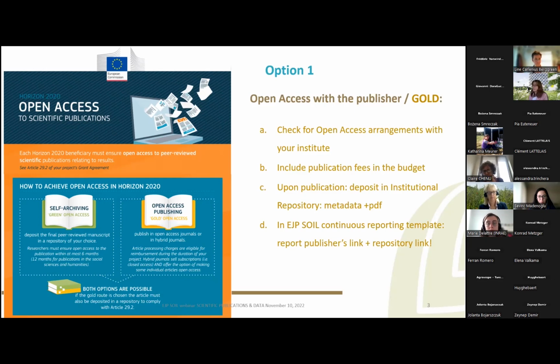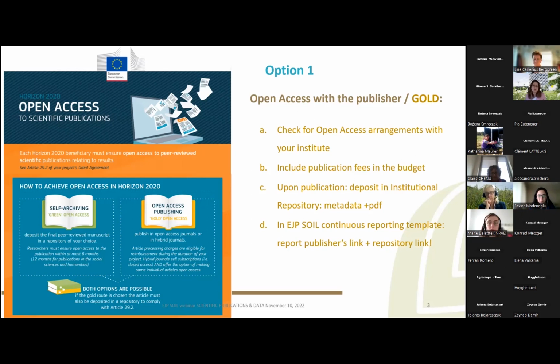Option one is publishing your article open access with the publisher. It is so-called gold open access. With that option, at the moment that the article is published, it will be open access through the publisher's platform.